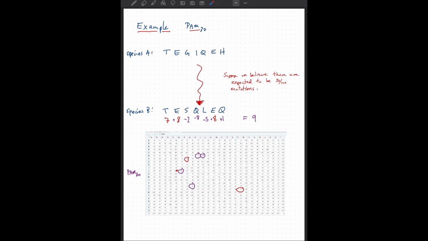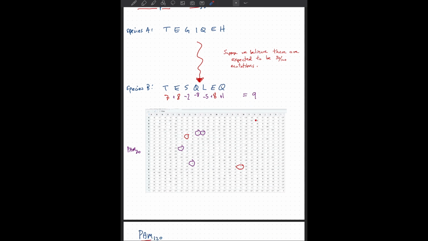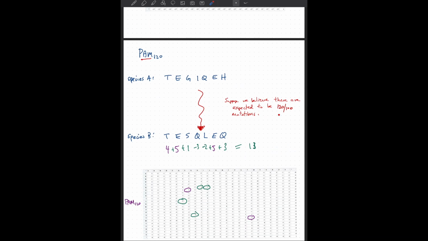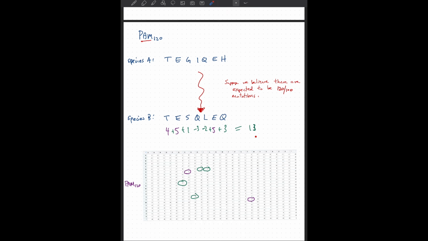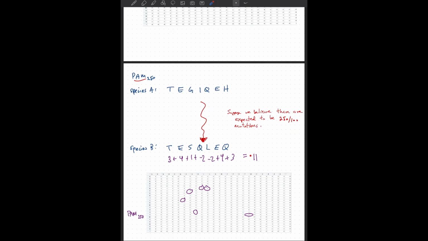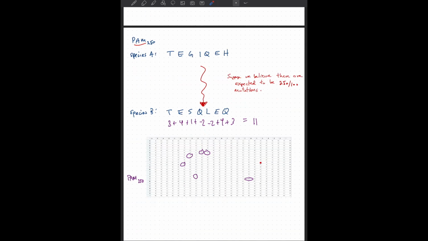I'll let you work through and see if you understand why I get the score of 9. Then I show the same, but I've changed the PAM matrix to 120, and I just get a score of 13. And finally, I changed the PAM matrix to 250, so a lot of evolution, and I get a score of 11. So I want you to think about this.